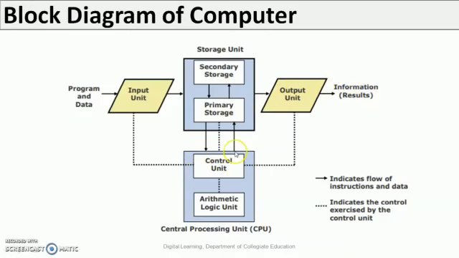We have one more unit in the CPU, called the control unit. The control unit fetches all the instructions one by one and gets them executed by the responsible device. You can observe the flow of data in various units. This flow is controlled by the control unit.